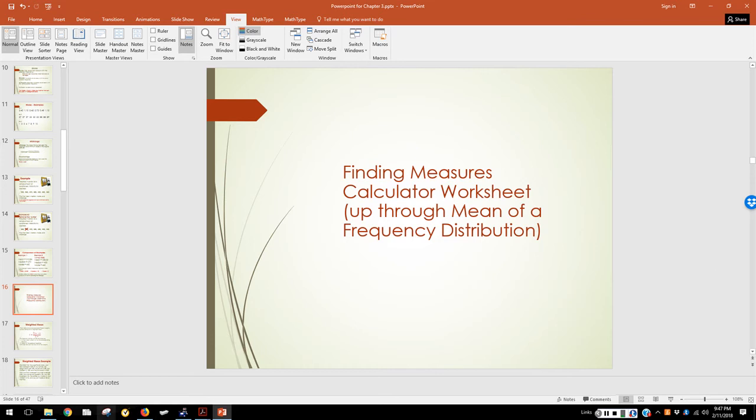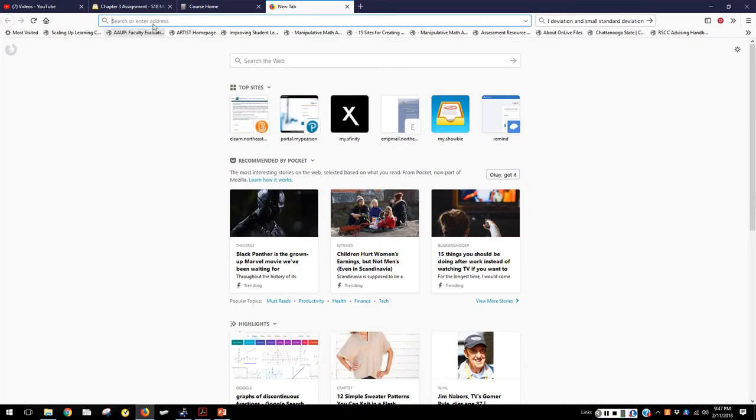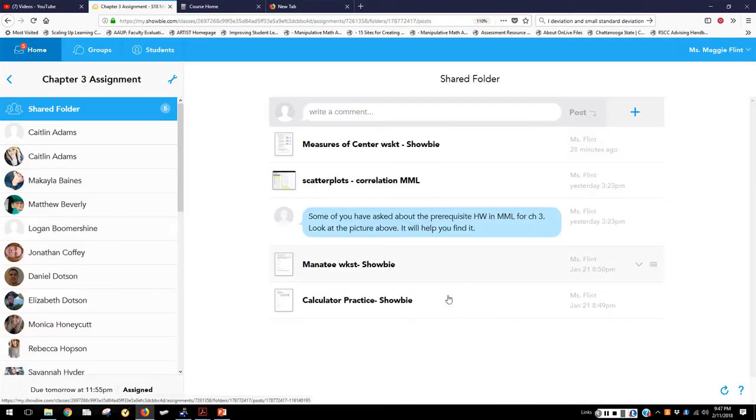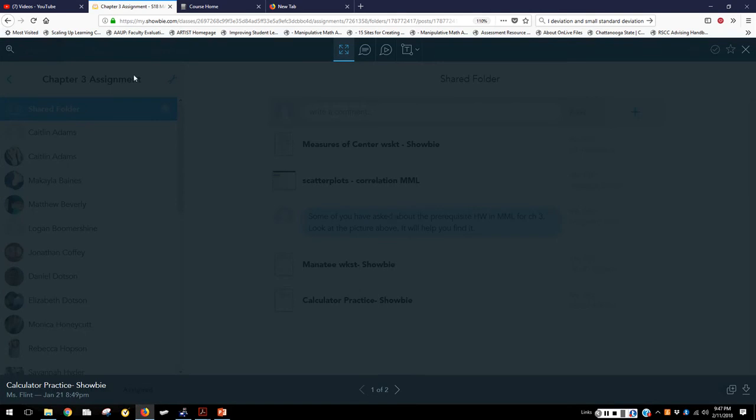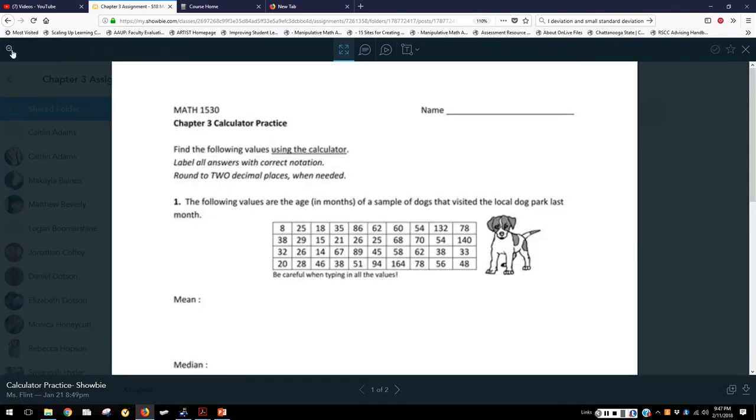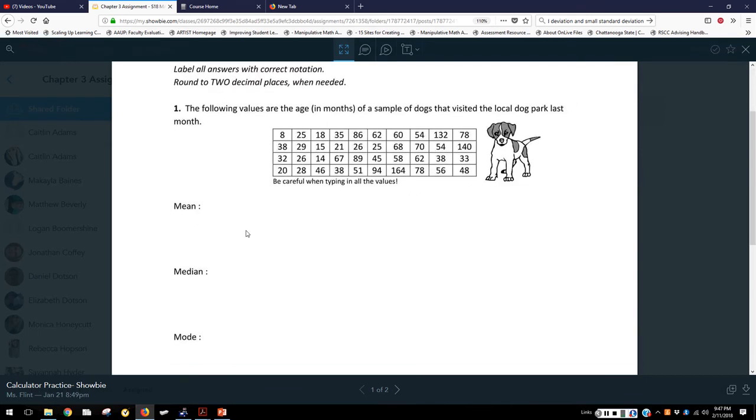So I'm going to pull up that calculator worksheet by going into Ch3, and your calculator practice is here. And what we're going to find, first of all, is the mean, the median, and the mode for the ages in months of a sample of dogs that visited the local dog park last month.